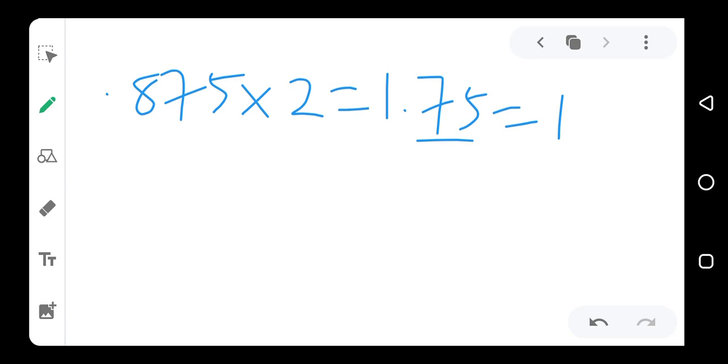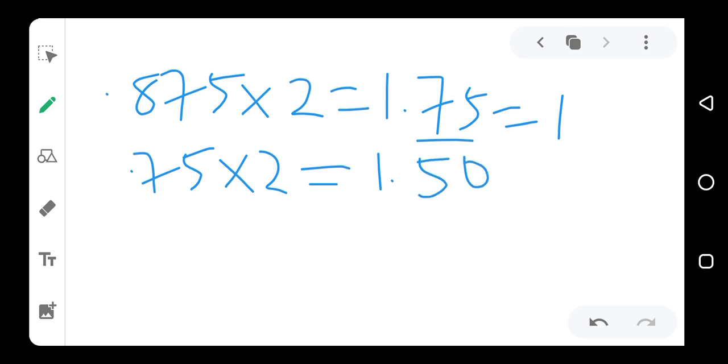We say 0.75 multiplied by 2, we have 1.50. Now this gives us 1, that is the whole number is 1, and then we carry the decimal point, which is 0.50.